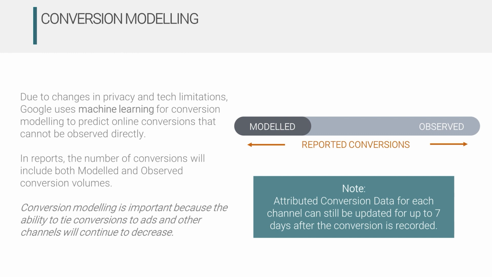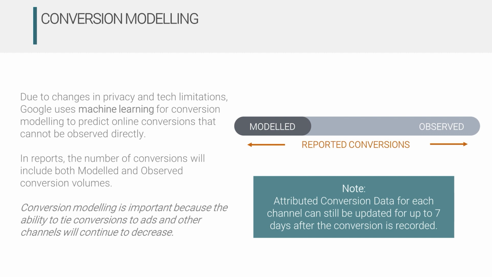Due to changes in privacy over recent years, more and more users are choosing to opt out of cookies and want privacy away from companies gathering their data. So Google have used machine learning to model the conversions to try and predict those online conversions that aren't allowed to be observed directly, where the user has removed consent. In reports, the number of conversions will include both the modeled and the observed conversion volumes.